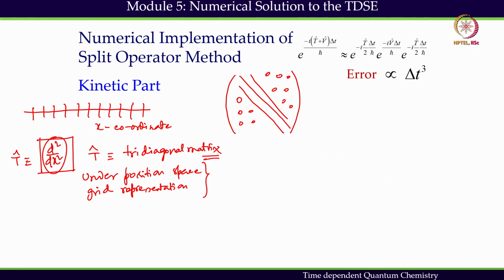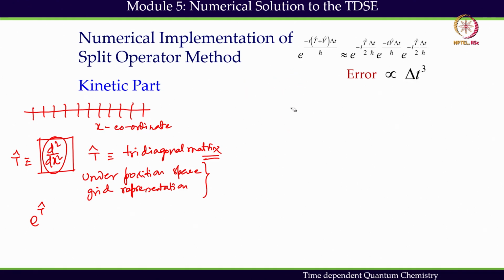And because it is a tri-diagonal matrix, e to the power of T is not a straightforward evaluation. It is not possible. We cannot use that trick which we have used for the diagonal matrix. So what we can do is, instead of this position space, look at the exact form.